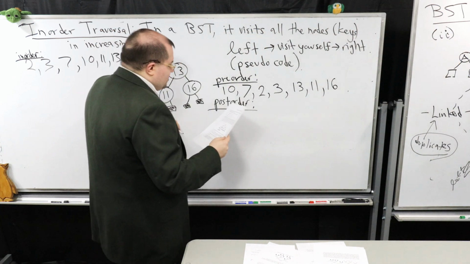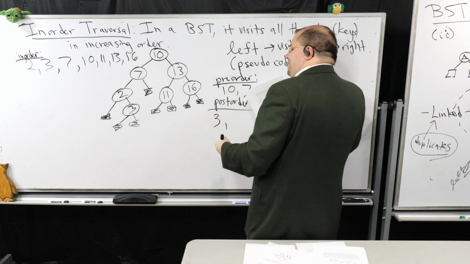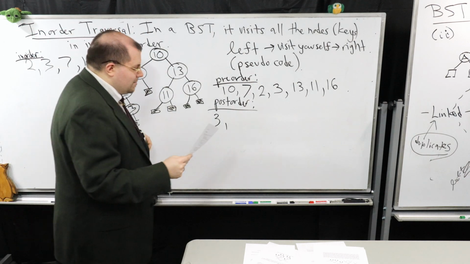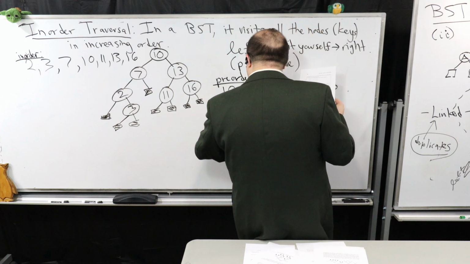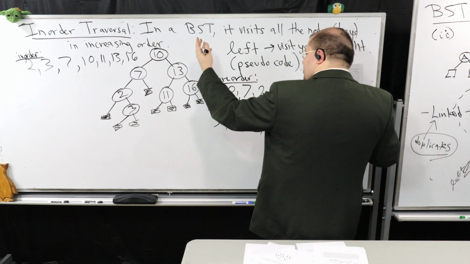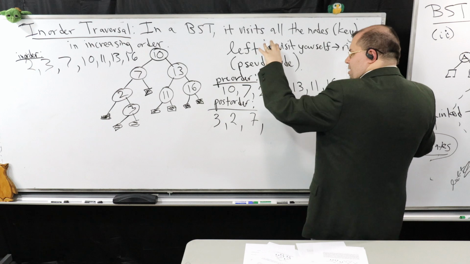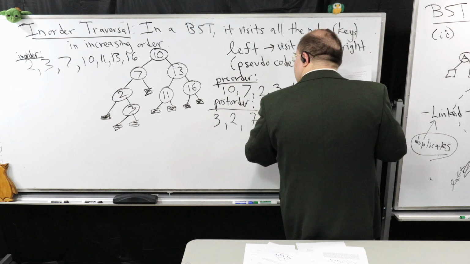So post order. So we know right away, we're going to work our way down to 3 first. Because I go left, but I go all the way down. And then I start working my way up from 3. I got 2, 7. And now I've considered my left subtree for 10, right? Then I go to the right subtree. I work my way down. I know I'm going to have 11, right?